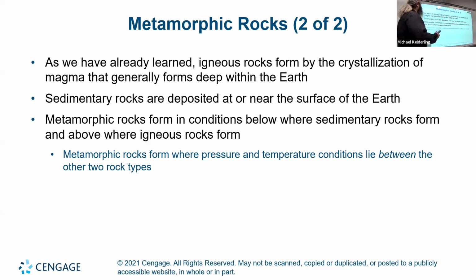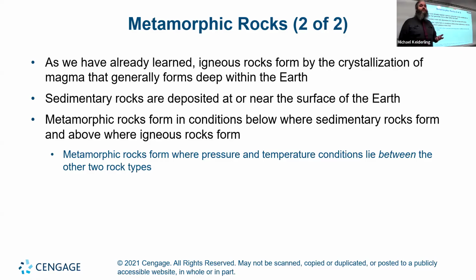So as we've already learned, igneous rock is formed by the crystallization of magma that generally forms deep within the earth. Sedimentary rocks are deposited at or near the surface of the earth. What about in between? Metamorphic rocks form in conditions below where sedimentary rocks form and above where igneous rocks form. They're in the middle.